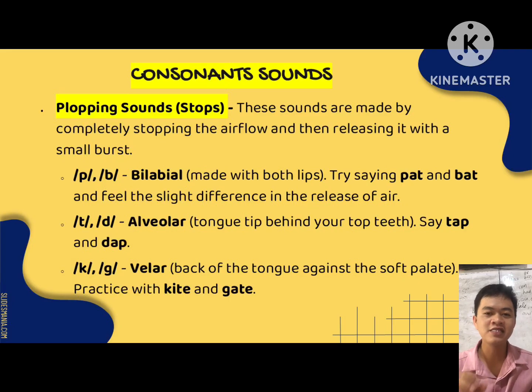So practice with the words kite and gate, kite and gate. As we wrap this up, we could conclude that these sounds make our stops: p, b for bilabial, t, d for alveolar, and k and g for velar.